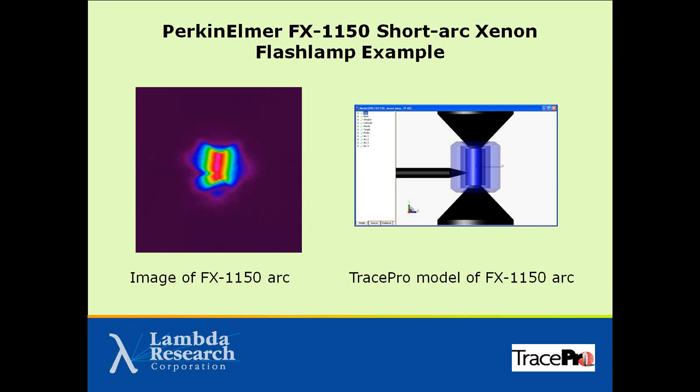So what you'd probably want to do is somehow get a distribution. You may have to ask the lamp manufacturer how the distribution is inside there, and then model that. But it's a larger glow type discharge, not as intense as an arc lamp like this, but I think some of the way to do it would probably be similar.